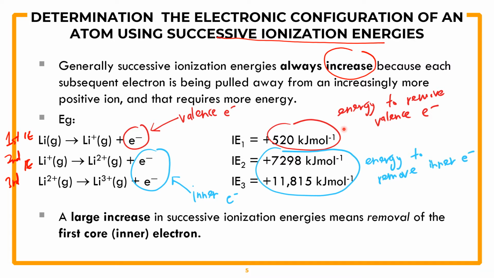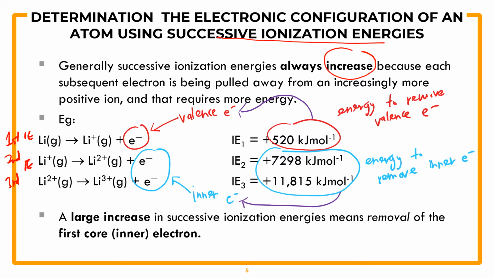So bila awak dah dapat tentukan energy mana yang paling kecil dan yang paling besar, so from the determination of this energy inilah yang akan membuatkan awak boleh buat this kind of conclusion, yang mana satukah valence electron dan yang mana satukah inner electron.